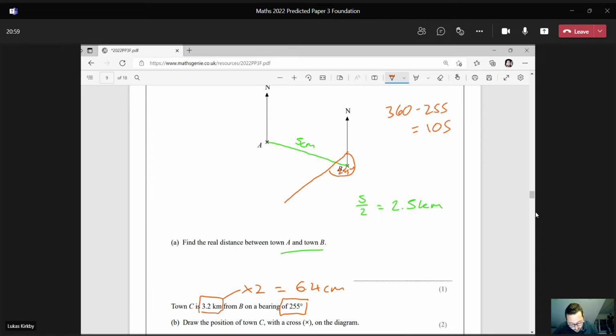So you could also measure anti-clockwise 105 degrees like that. And then you make sure that this line is 6.4 centimetres. Then we draw an X and label it C. Okay, so that's not the right answer because I've not got a protractor or a ruler that I can use on this iPad, but hopefully that makes sense of how you would get the answer.